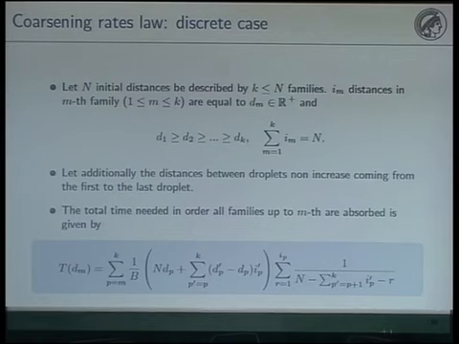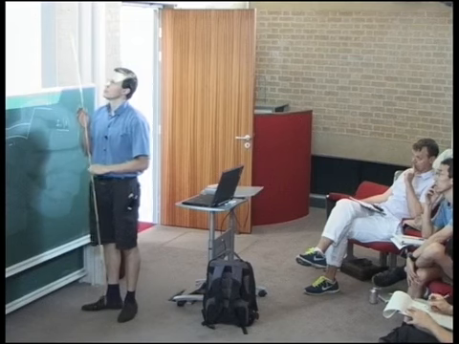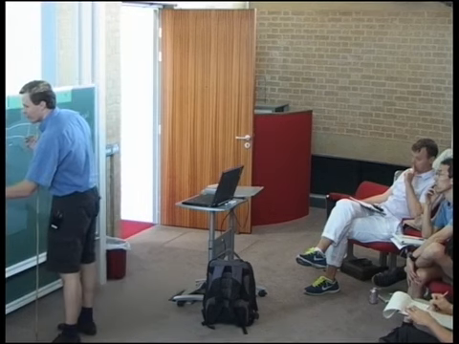And also you order the distances in each family as decreasing, starting from 1 to k. And additionally, to make my system completely deterministic, in contrast to what was done by Derrida, who had a stochastic model, I would like to have a still simpler deterministic model. I pose my initial arrays such that the distances are decreasing, coming from left to right.